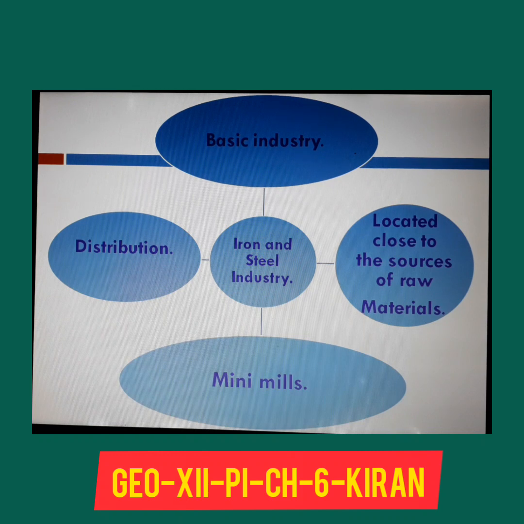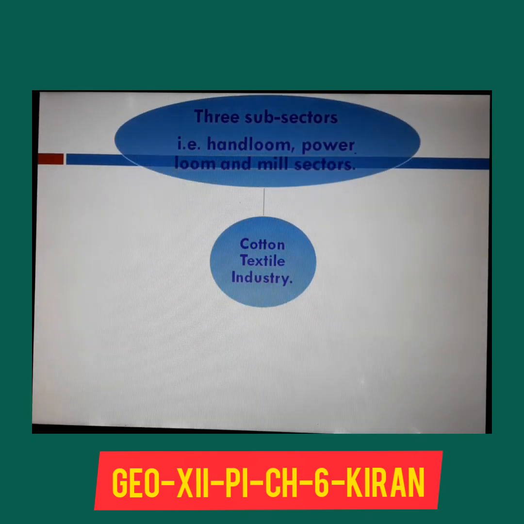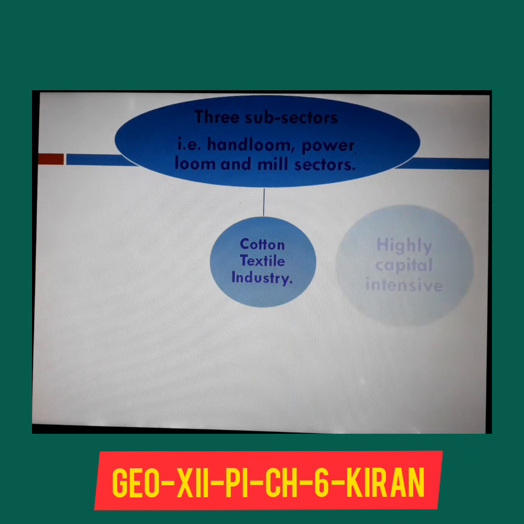The second most important industry in the world is cotton textile industry. The cotton textile industry has three subsectors: handloom, powerloom, and mill sector. The cotton textile industries, they are located very close to the cotton growing areas in the world.